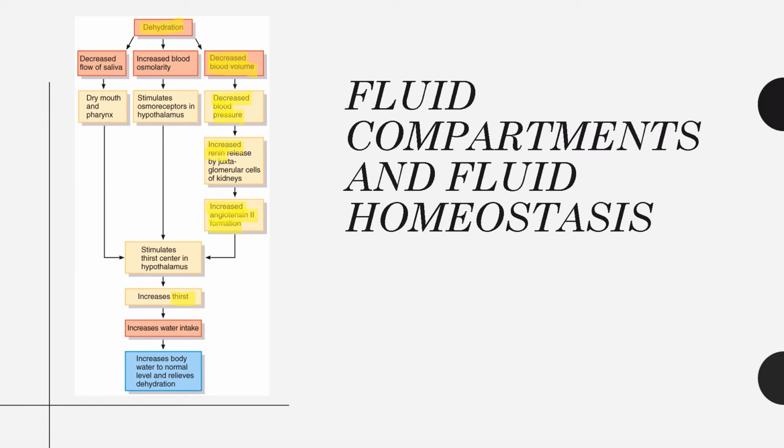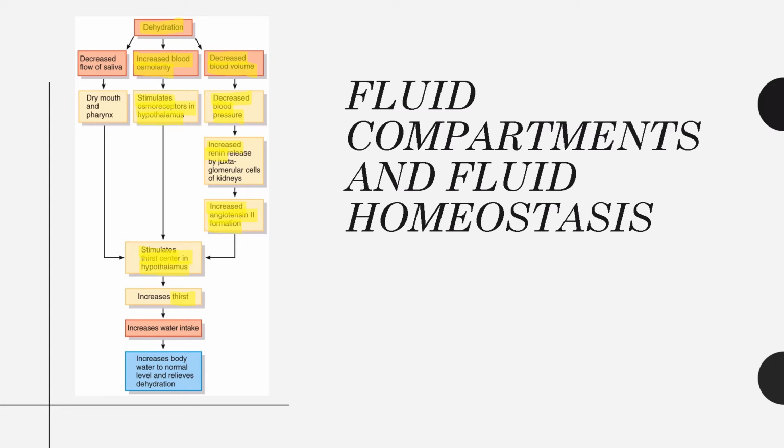So this is going to stimulate the thirst center in the hypothalamus, in addition to increased nerve impulses from osmoreceptors in the hypothalamus. So this is going to stimulate those osmoreceptors. Again, these increased nerve impulses from the osmoreceptors, as well as the increase in angiotensin II in the blood, are both going to stimulate that thirst center in the hypothalamus.